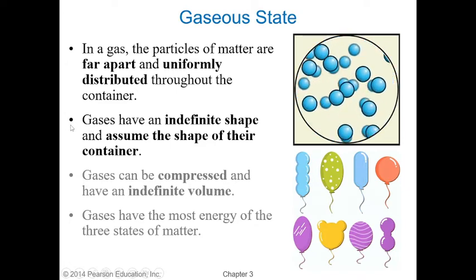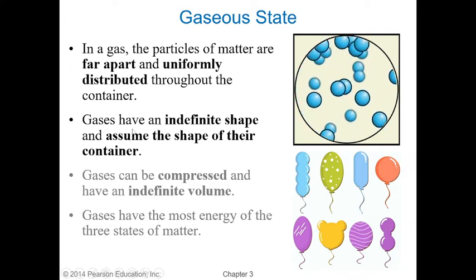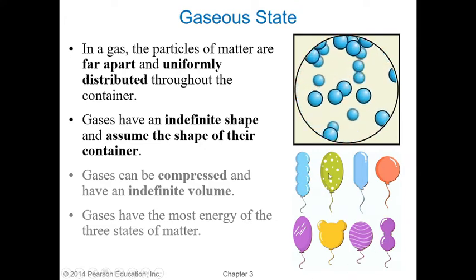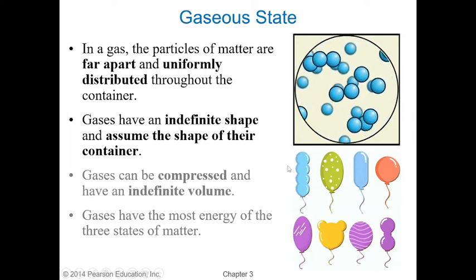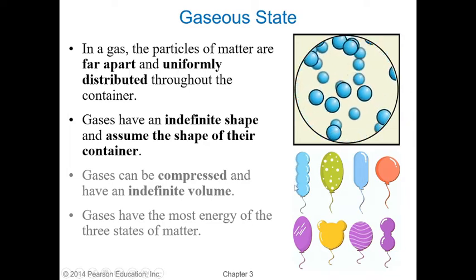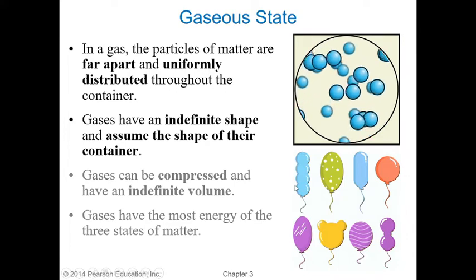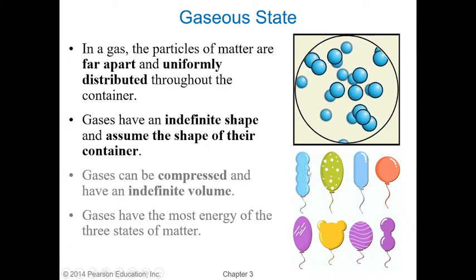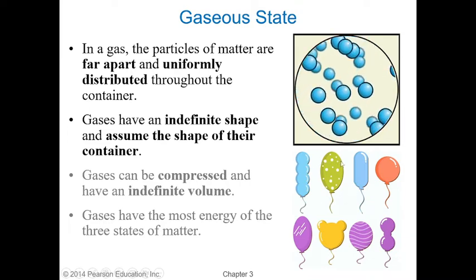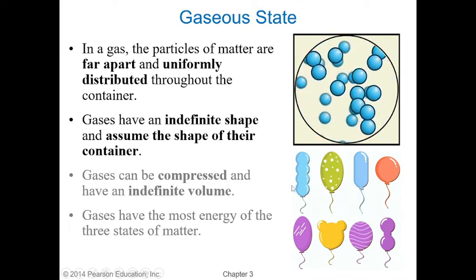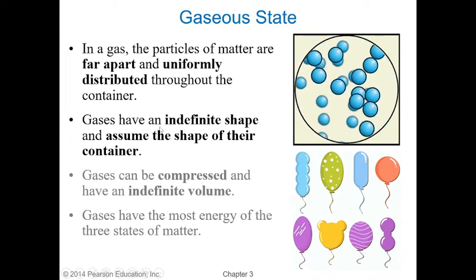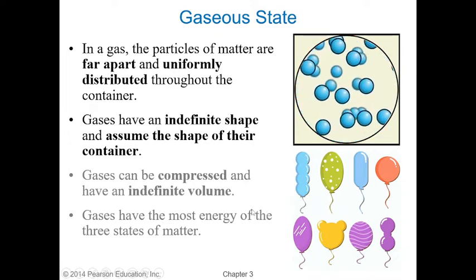So gases have an indefinite shape and they assume the shape of their container. For example, if you have a balloon and you use helium, the helium gas inside the balloon will take the shape of its container, the balloon. We have different shapes of balloons, right? So your gases will take that shape.